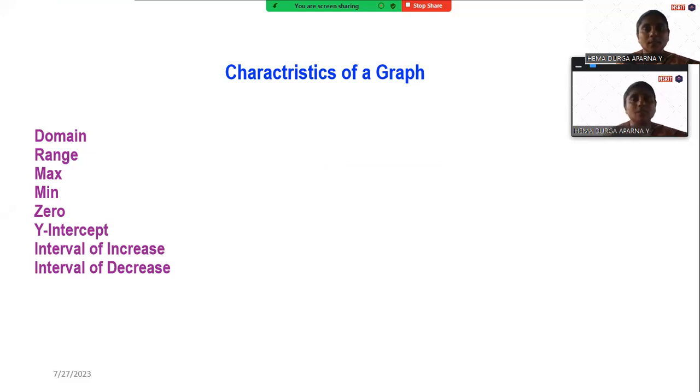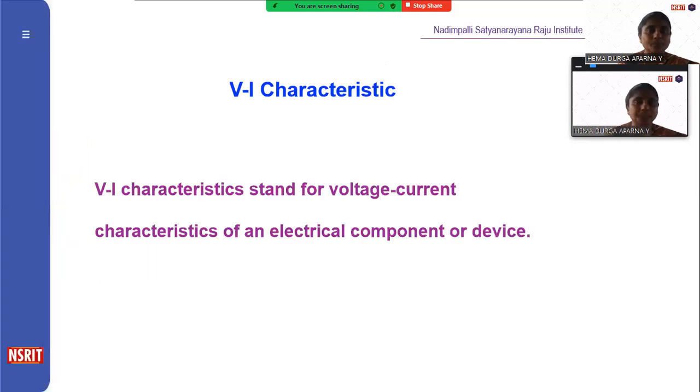If you observe the pictorial representation of any component or device, you will observe the following parameters: domain, range, working area, active region, maximum value, minimum value, zero at the origin, the y-intercept, the interval of increment of that particular parameter value, and the region of decrement of that value.